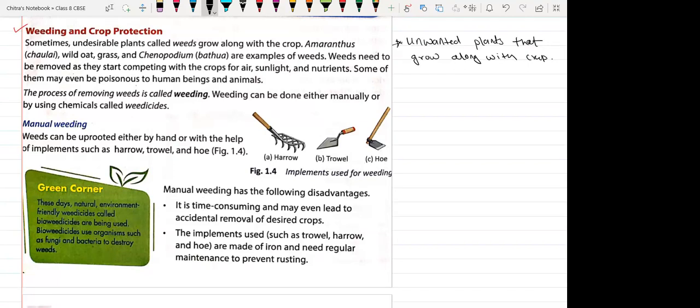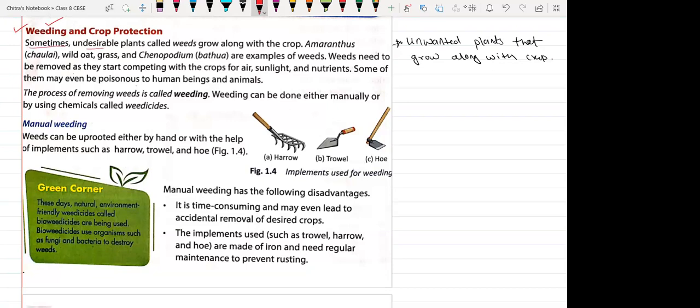That's why weeds have to be removed from the crop field. Weeding is the process of removal of the weeds from the crop field. Understood? Plants are weeds and removal of them is called weeding.